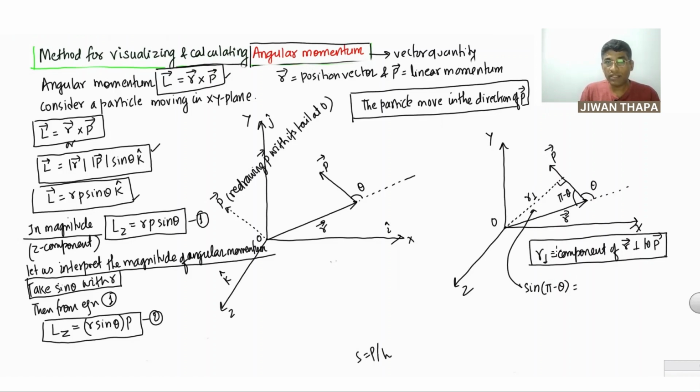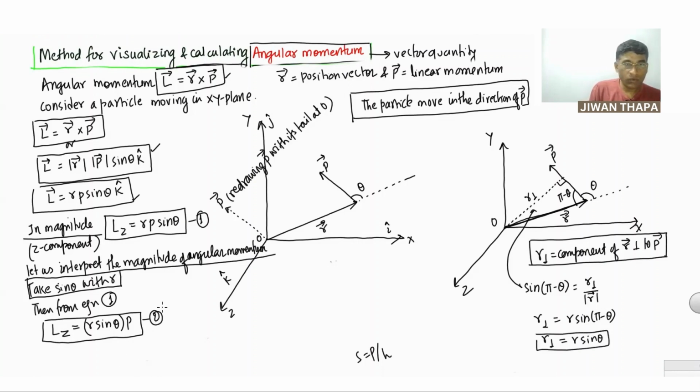So the perpendicular is r perpendicular, and the hypotenuse is the length of the position vector, the magnitude of position vector. So we can write r perpendicular is r times sine pi minus theta, so r perpendicular is r sine theta.